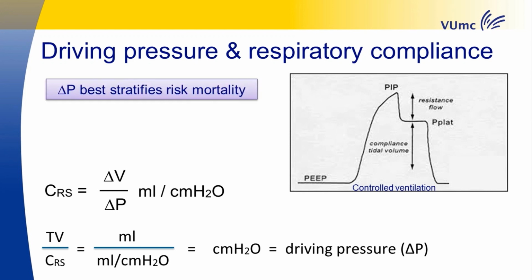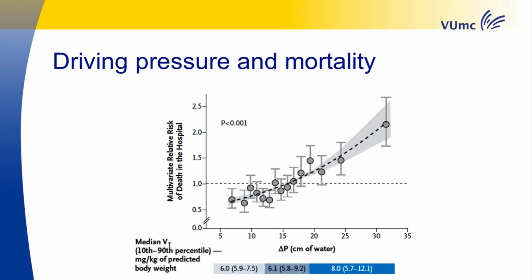And then that nice New England paper demonstrated, but we have to be careful, it's a reanalysis of data, that driving pressure much better predicted mortality than tidal volume. And you've seen this slide. He actually demonstrated that a driving pressure higher than 15 centimeters of water was associated with higher mortality.